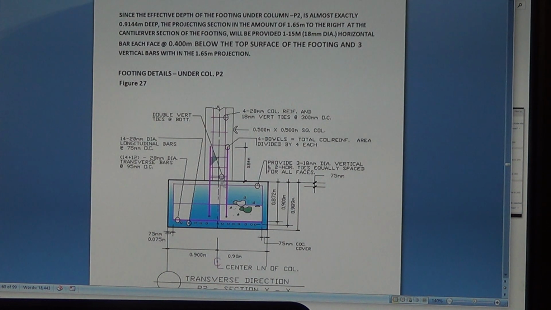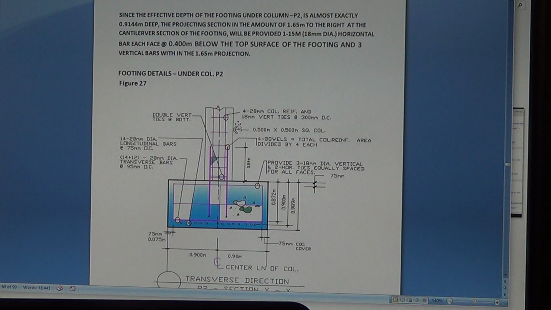And here in the bottom, don't forget this: the bottom tie bars for the column, tying up the column vertical reinforcement and the dowel, you double the tie here. The column ties are 18 millimeter, and the maximum distance between the ties there is 300 millimeter on center.